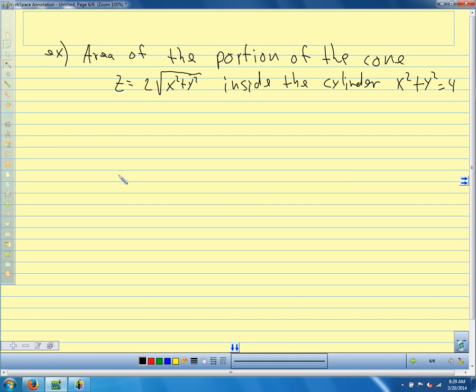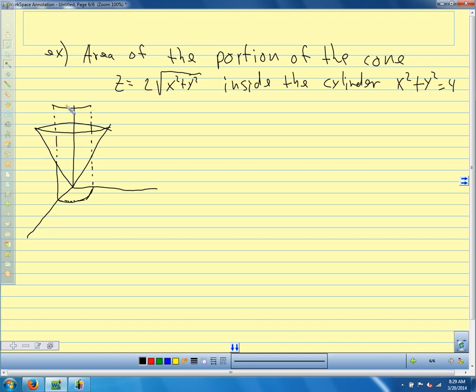So let's make a quick sketch of what we're talking about here, just to visualize our surfaces. So here's our cone. Our cone looks something like this. And our cylinder, I'm just going to sketch here. Our cylinder is coming up and cutting into the cone, like so.